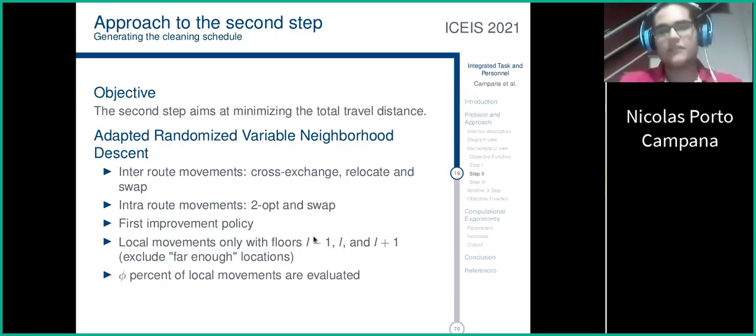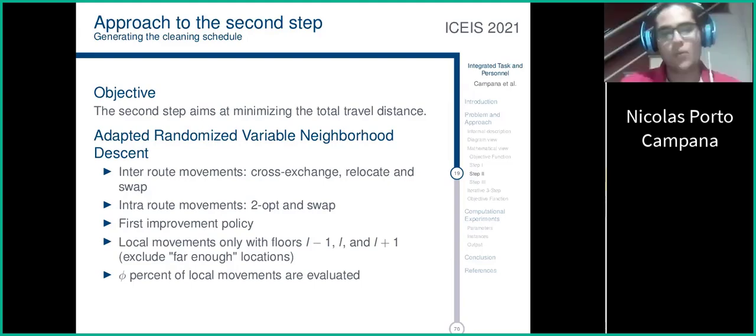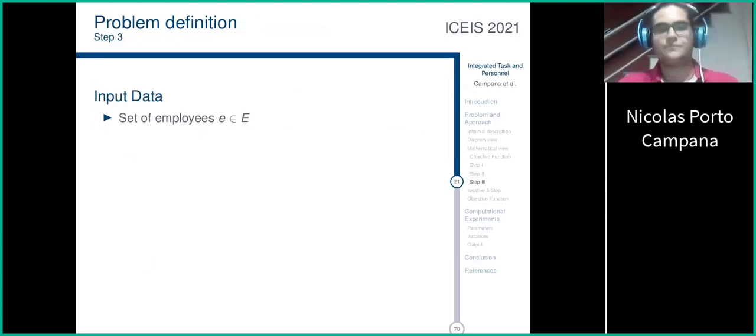And also with this local movement, we apply only a few percent of the local movements because, as will be seen, we have a big hospital, and even with these local movements evaluated with only L-1, L, and L+1, we still have a lot of possible movements, okay? So we apply only a few percent of these local movements. And we do this with eta iterations in this algorithm.